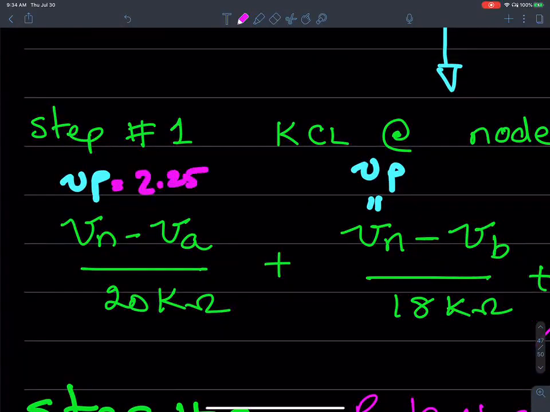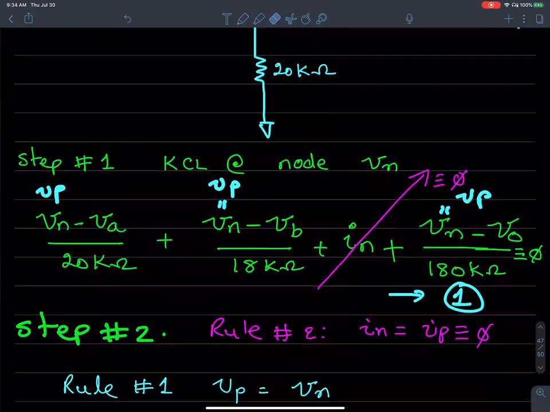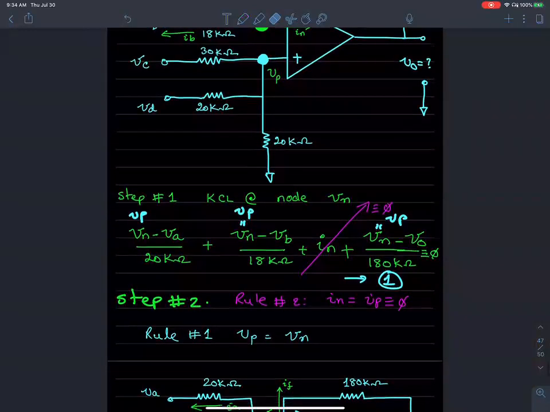And the value of VA is given to be 1 volt. You plug in all the numbers. So it's as simple as plugging the numbers into these equations here. And then you should be able to give me a value for VO.